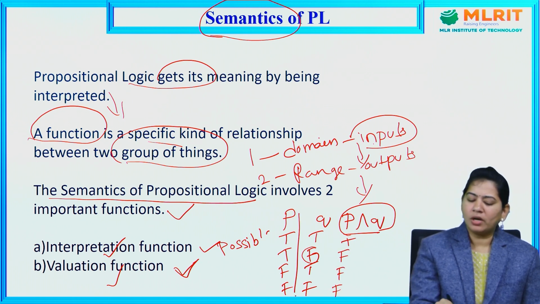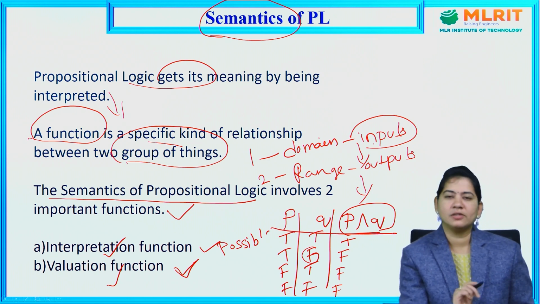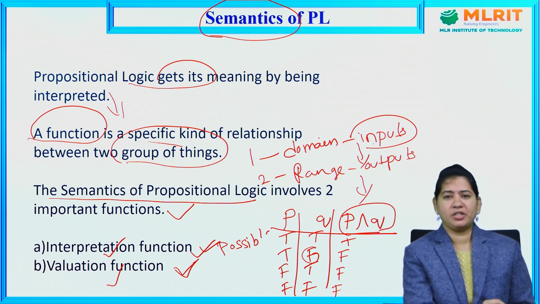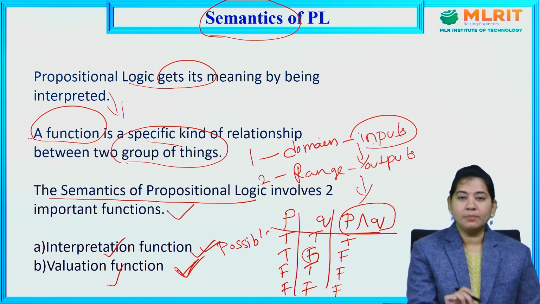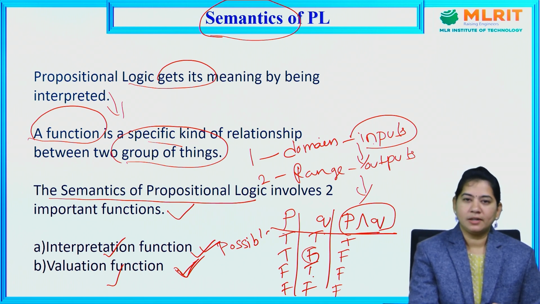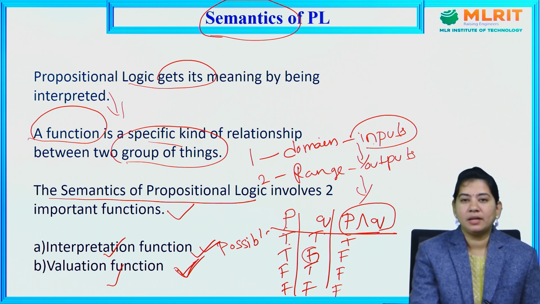We already know this as we have constructed the truth table in the previous sessions. But what is interpretation here, and what is valuation? Interpretation is nothing but the possible combinations of the propositional letters. It takes propositional letters as inputs and assigns truth values to them.